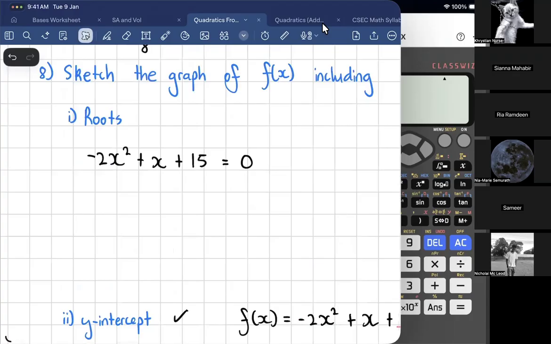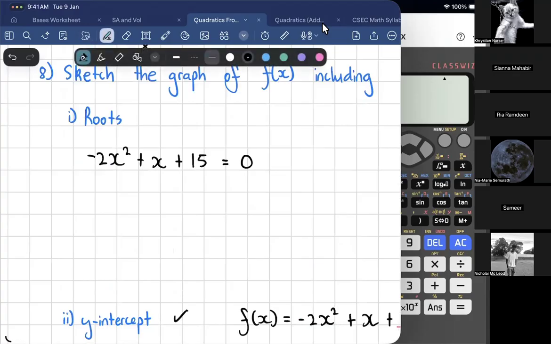Right? So Sienna, do you remember how to factorize a quadratic whose coefficient for x squared is not 1? Yes, so use the AC method. Sure, let's do that. So we're going to multiply a by c. A is minus 2 and c is 15. So what would the product of a and c be? It would be minus 30. Right.